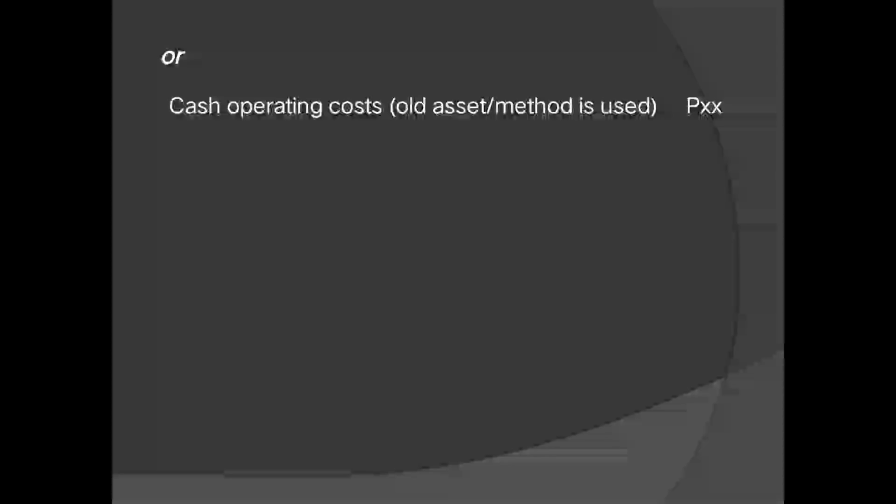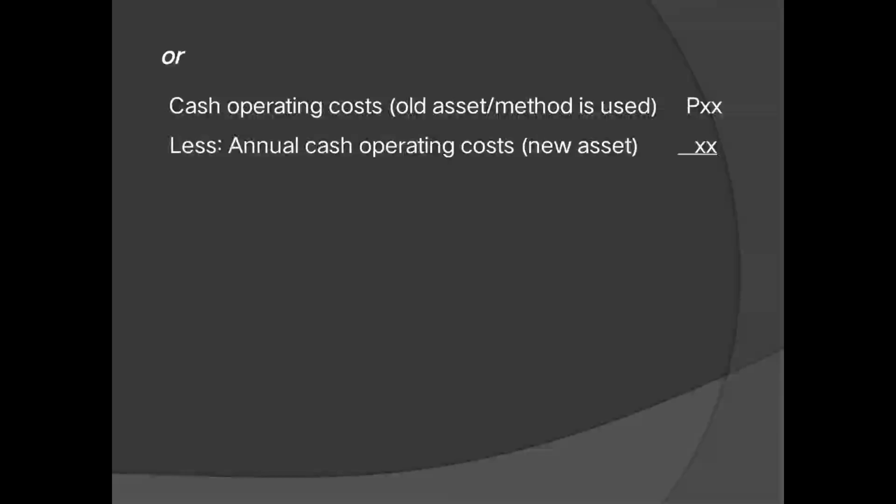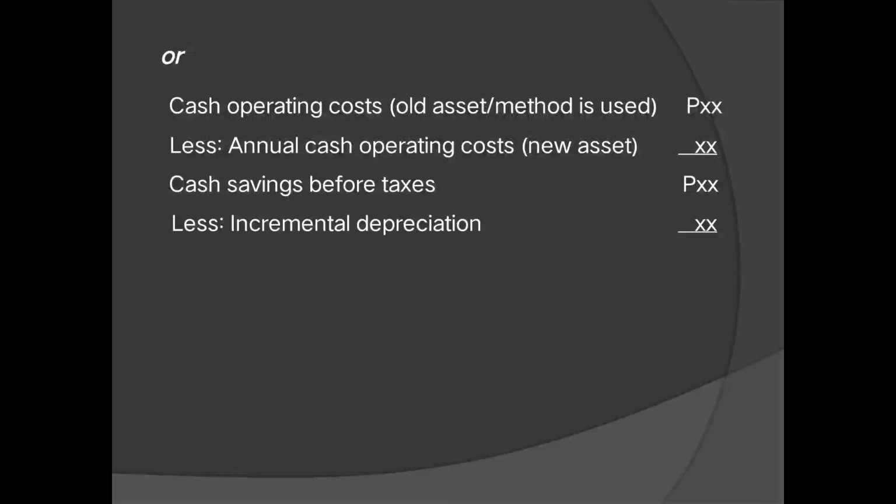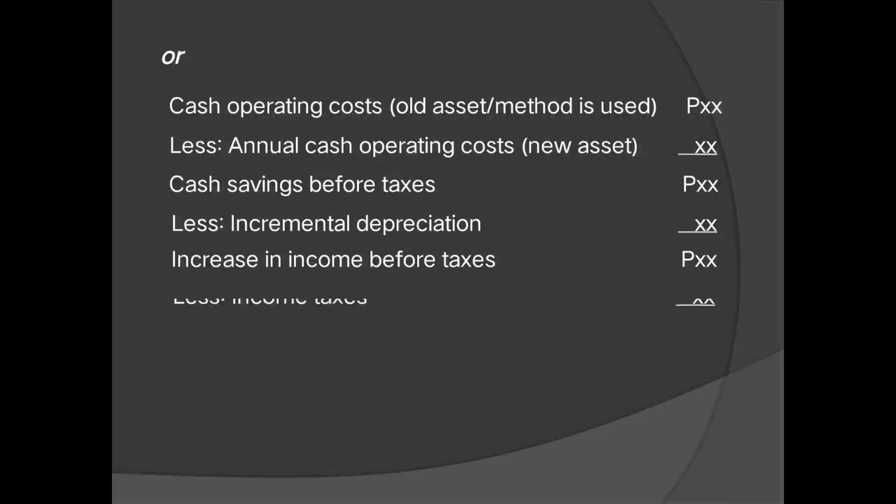Or pwede ulit natin gamitin yung isang formula na mahaba. Cash operating cost if the old asset or method is used, less the annual cash operating cost if the new asset is used. Then, makukuha natin yung cash savings before taxes kung magkano ba yung na-save natin from old asset or method to the new one. Then, ililess natin yung incremental depreciation. And makukuha na natin yung increase in income before taxes.